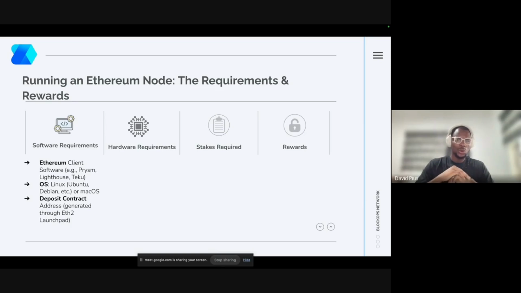Then you also need to generate some keys. There's a software you need to run to generate these keys, like the deposit CLI, or there are some other tools that enable you to generate these keys. These keys will actually be like your ID.